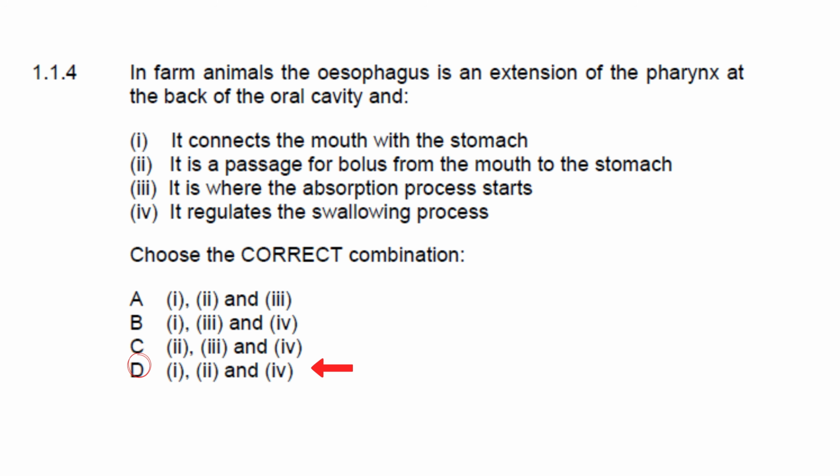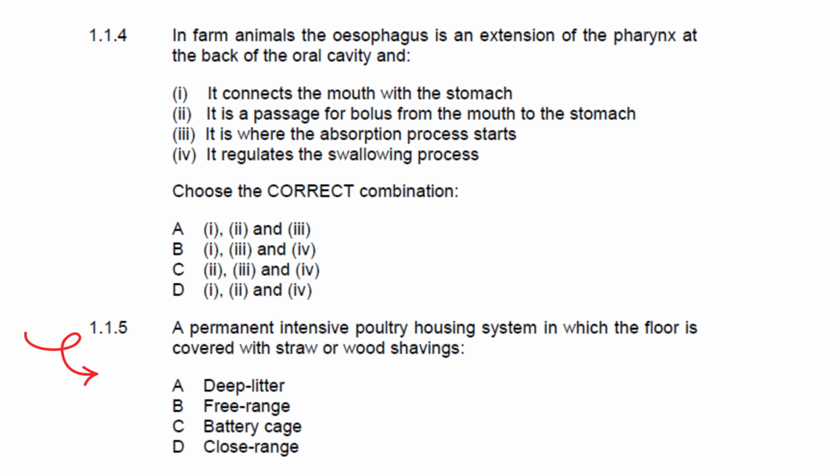Number 5: a permanent intensive poultry housing system in which the floor is covered with straw and wood shavings. You have 4 options again, and you only have to choose one.